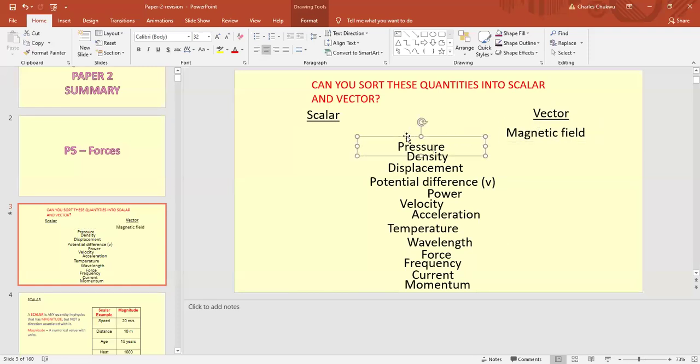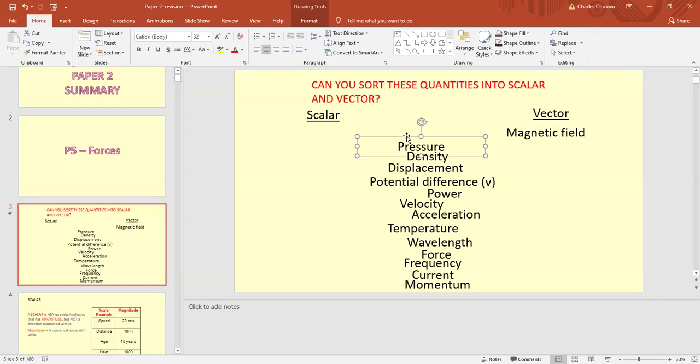Pressure. Pressure is given by force per unit area. There is something that I usually say: when a vector is involved in a quantity, especially in the formula, most likely that quantity also has direction. So because pressure is equal to force per unit area, that force has a direction.